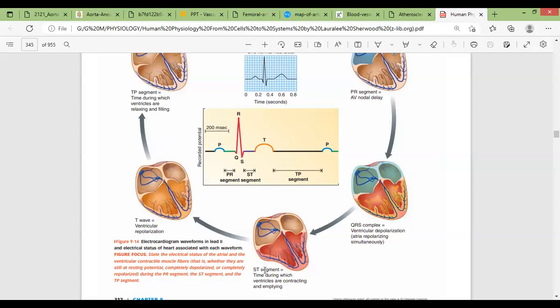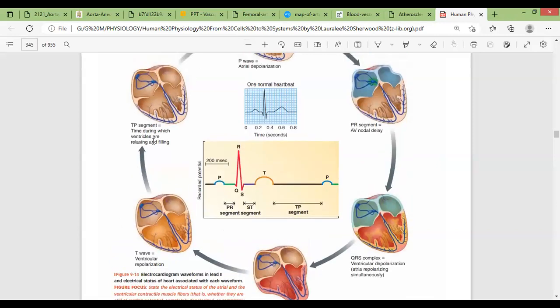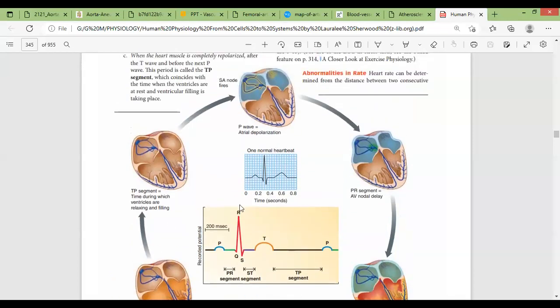The TP. No, I'm reading from here. ST, they are contracting and emptying. T wave, they are repolarizing. And then the TP segment is when the ventricles are relaxing and filling. So yeah, Hiral, you are right.